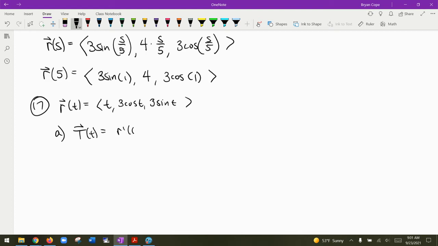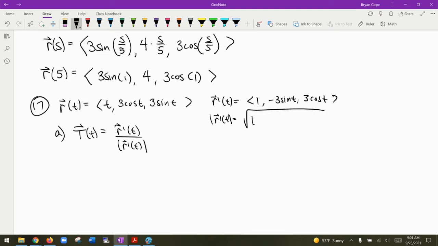That's r prime of t over the magnitude of r prime of t. So r prime of t equals 1, negative 3 sine t, and 3 cosine t. The magnitude of r prime of t is the square root of 1 plus 9 sine squared t plus 9 cosine squared t, which is root 10.